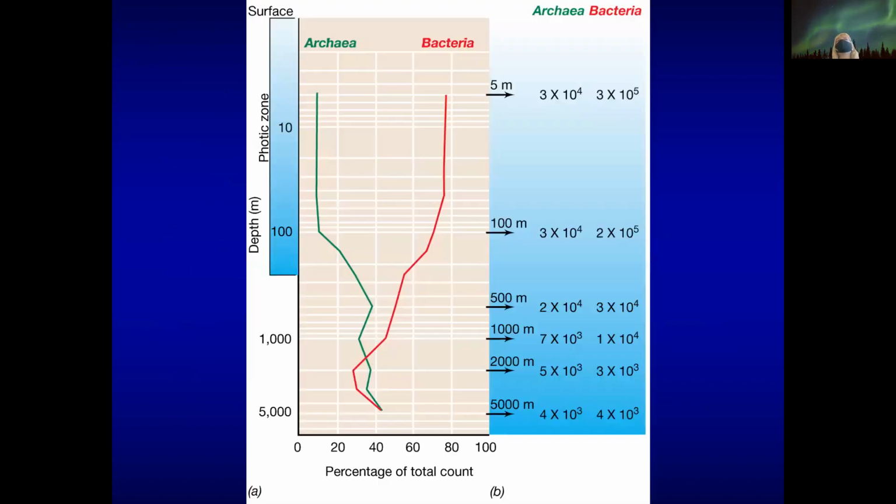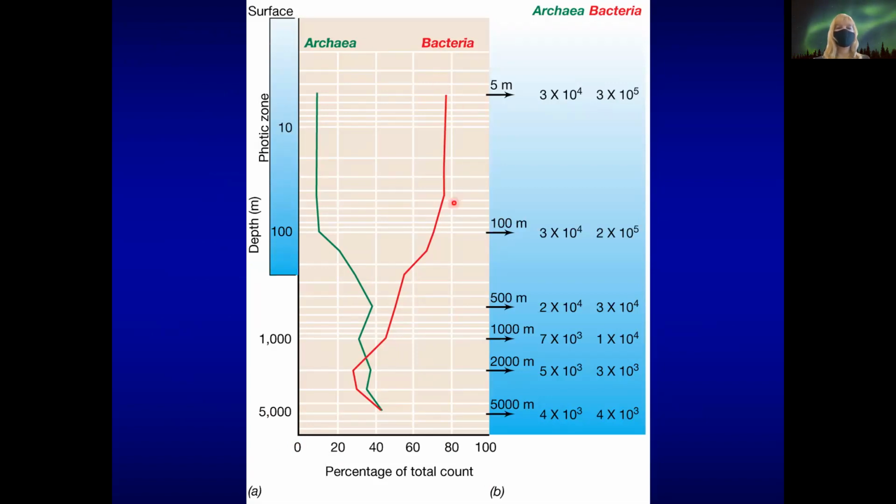This is just a visual trying to show you the water column in the ocean. You have depth on the y-axis here on the left, and you see they took it past 5,000 meters, and the x-axis is percent of total count. They just looked at domain bacteria and archaea, and you can see that the bacteria win in the upper reaches.